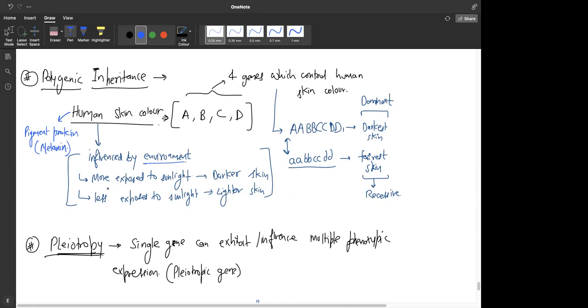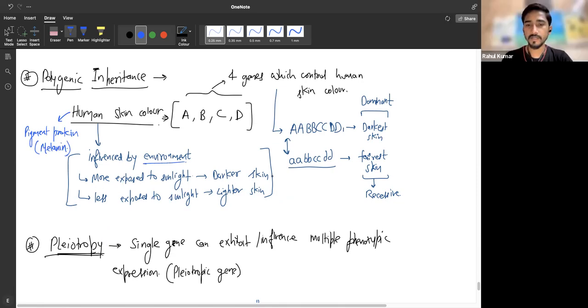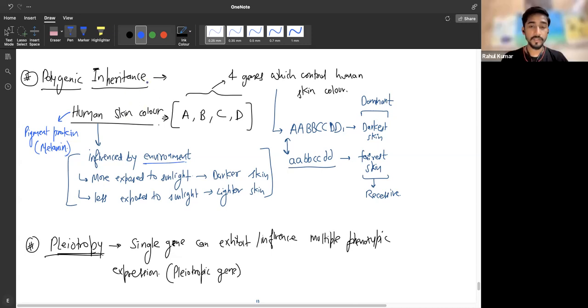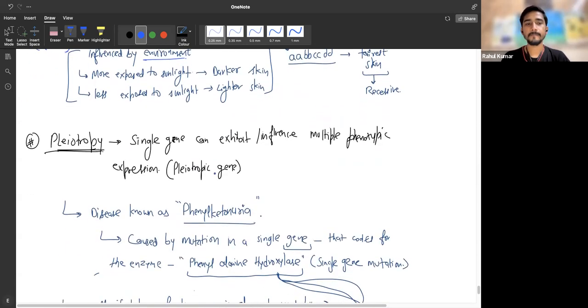Yes. So more exposed to sunlight, darker the skin; less exposed, lighter skin color. So polygenic inheritance, or the polygenic genes, can also be affected by the environment along with the genetics. So this is the genetics and this is the environmental factor that affects human skin color, correct?